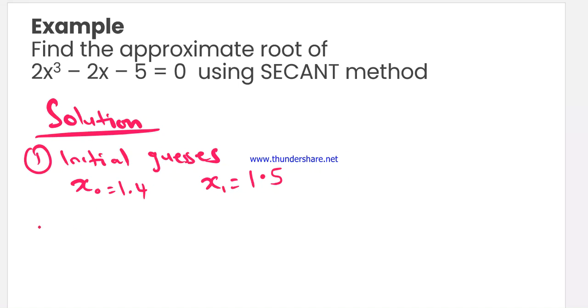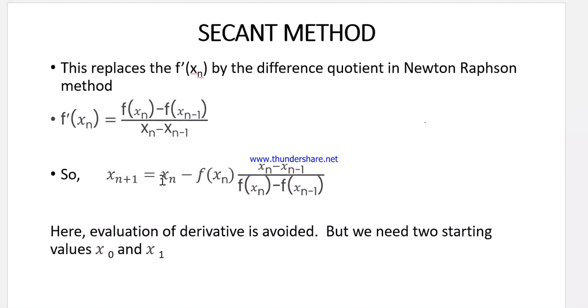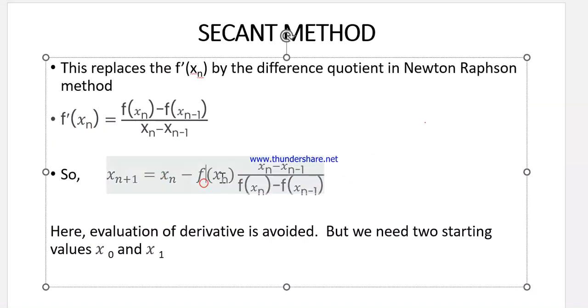To find the next x, which will now be x2, it is going to be x1 minus function of x1 times x1 minus x0, over function of x1 minus function of x0.